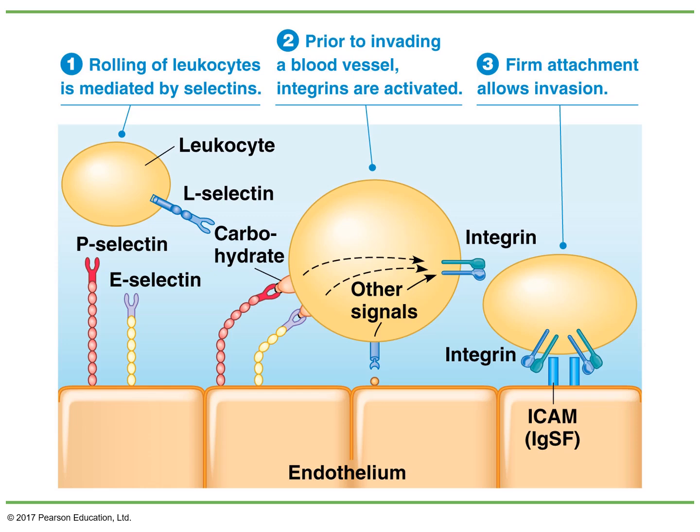There is the rolling of leukocytes, which is mediated by P-selectin. Primarily in the blood vessels, they have integrins. So they are showing you the integrins here, integrin here, and then these allow the attachment and the invasion. Okay, so here you have the endothelium, and here the leukocytes, as you're watching the video, are able to attach to all those molecules to go inside and go to the other tissue.